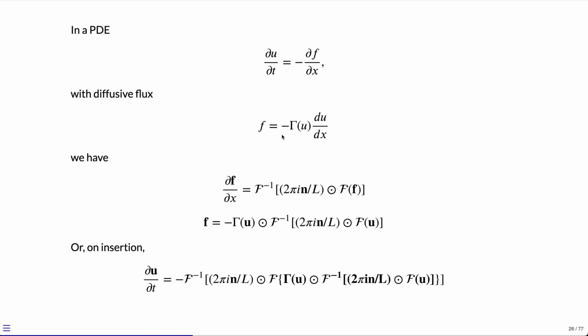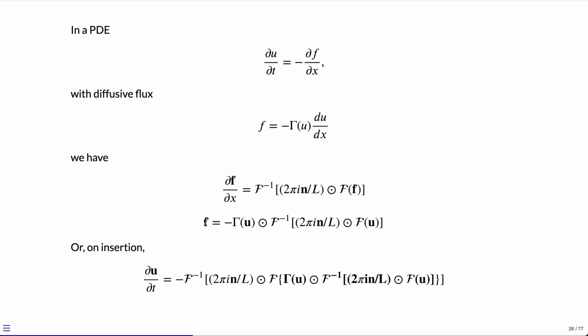Then we have df/dx is the inverse FFT of 2 pi i n over L times the FFT of the flux, and the flux is minus the diffusivity, which could be a function of u, making the whole thing nonlinear, which is fine, it just shows up right with this multiplication, times this vector inverse FFT. Again, this whole quantity is just representing the derivative right there.